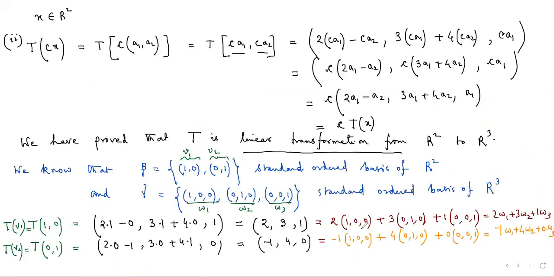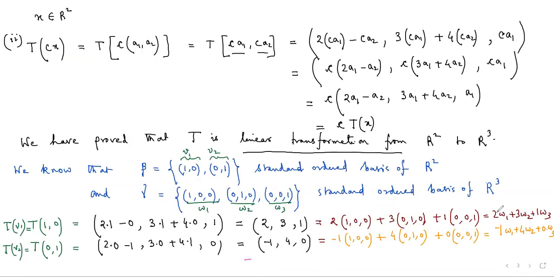Now you see. If I try to find the matrix representation of this, I'm writing on the next page, as I do not have space over here. With respect to beta and gamma, my matrix representation will be 2, 3, 1.